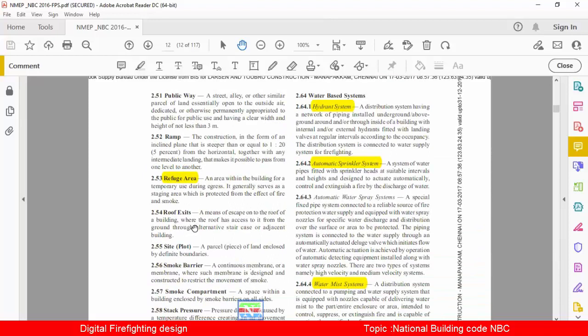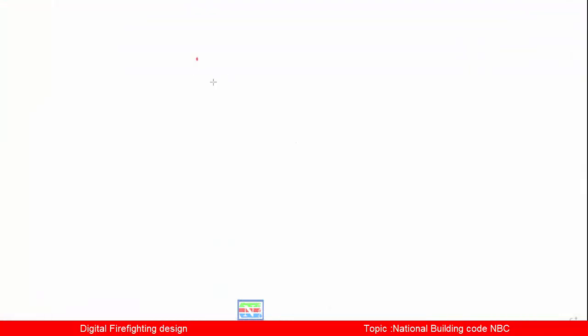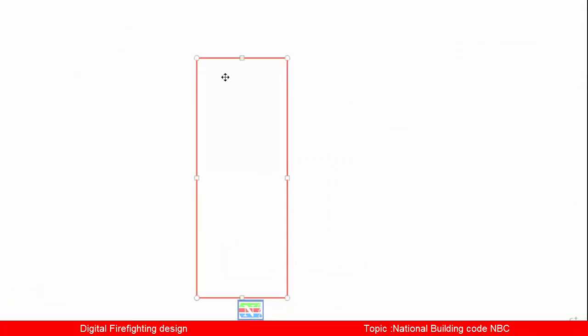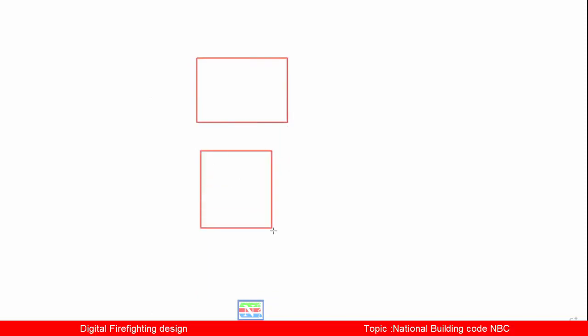Next is refuge area. If this is a building, for example, this is the refuge area.